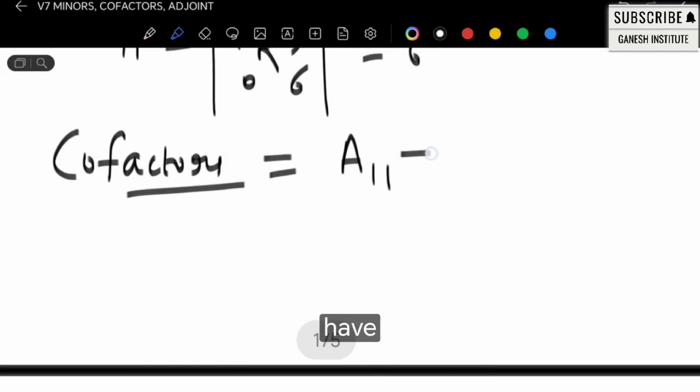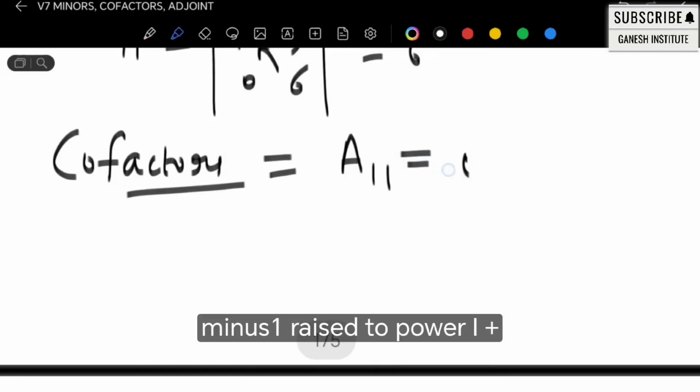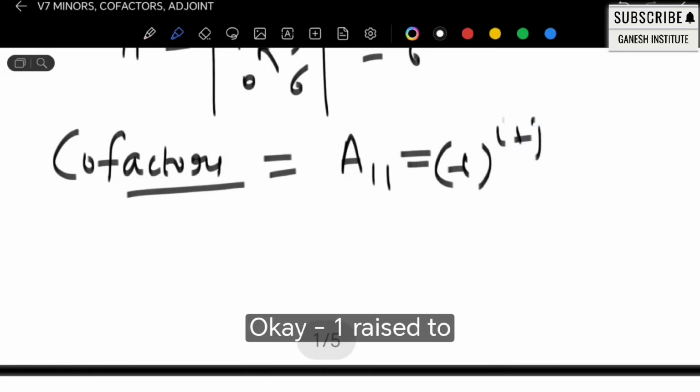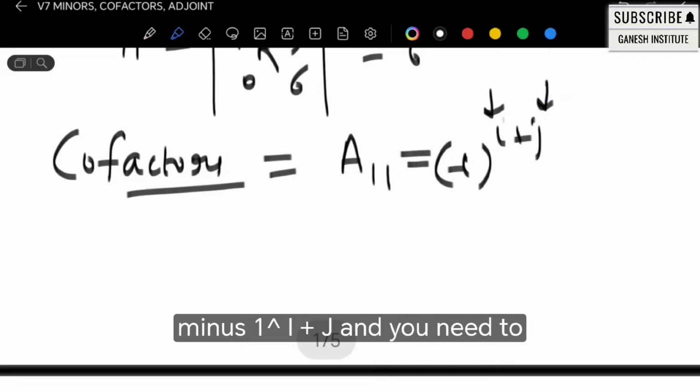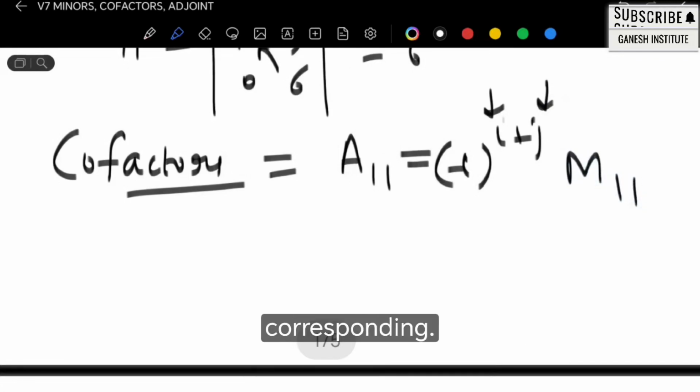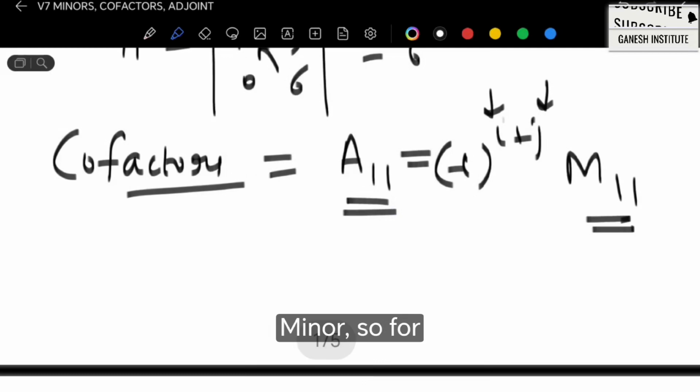So you need to have minus 1 raised to power i plus j. This is the position, the number of rows and the columns. Minus 1 raised to power i plus j, and you need to simply multiply it with the corresponding minor.